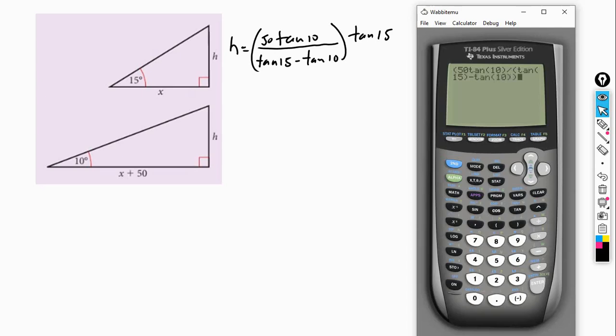We close the bottom parenthesis, and then we close the first parenthesis.